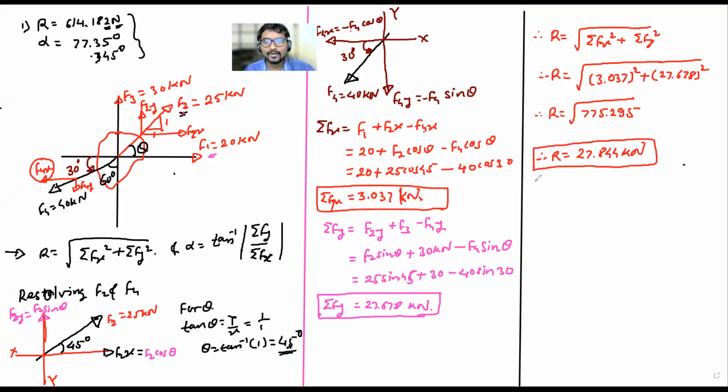Next line, alpha we have to go for. We got the resultant, now we have to calculate alpha here. Therefore, alpha is equal to tan inverse of summation Fy, 27.678, upon summation Fx, 3.037. That is 9.114.